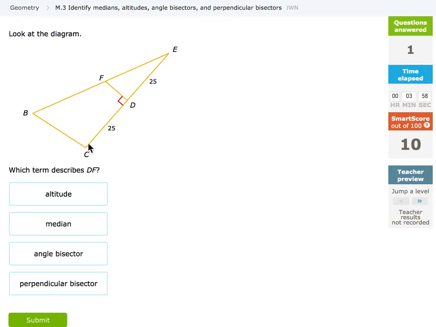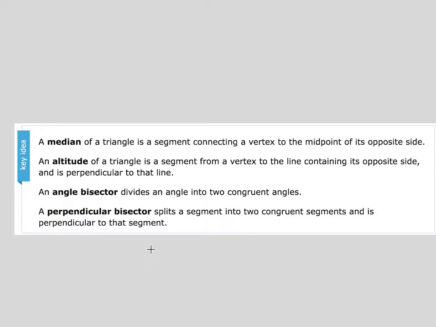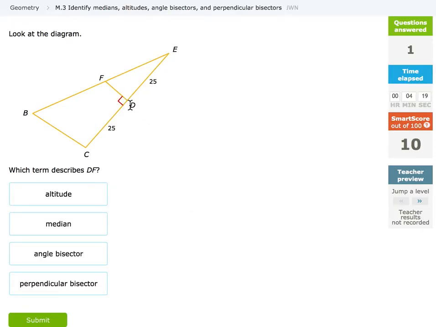Is FD cutting this segment into two equal parts? 25, 25? Yes. Perpendicular, two equal parts. That is a perpendicular bisector. You can go back to the definition if that helps: a perpendicular bisector splits a segment into two congruent segments and is perpendicular to that segment. So FD is perpendicular to the segment CE and splits it in half. 25, 25.